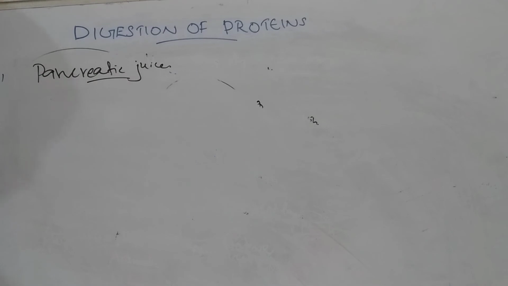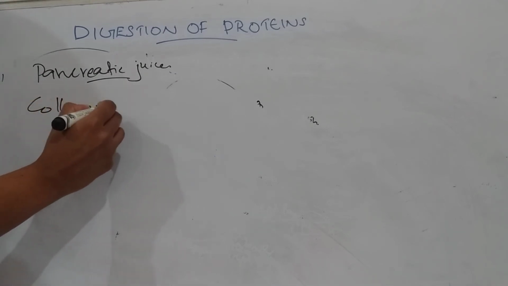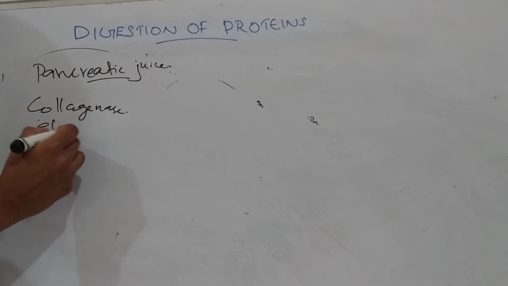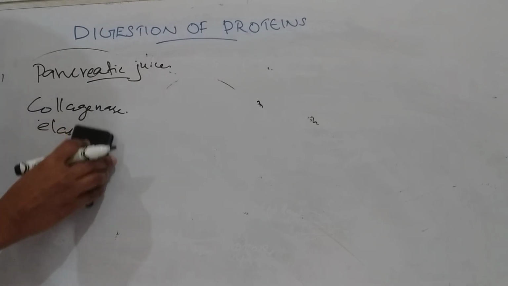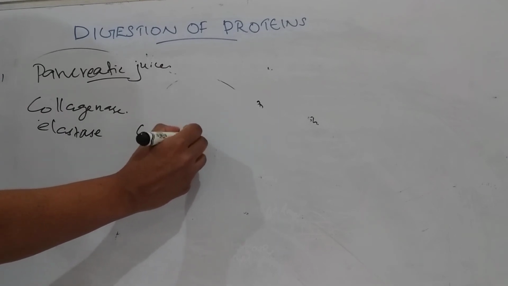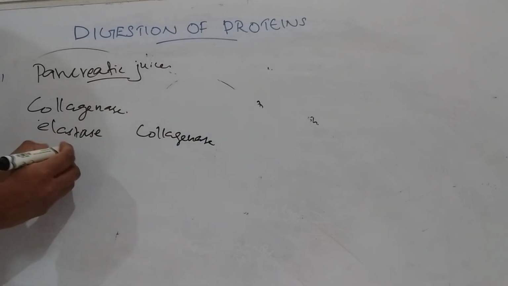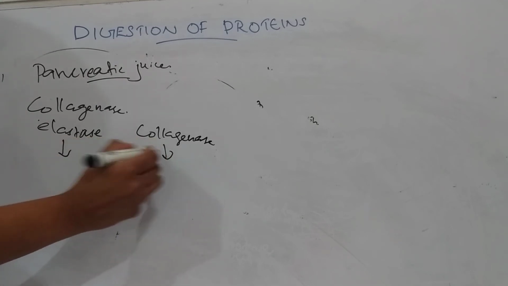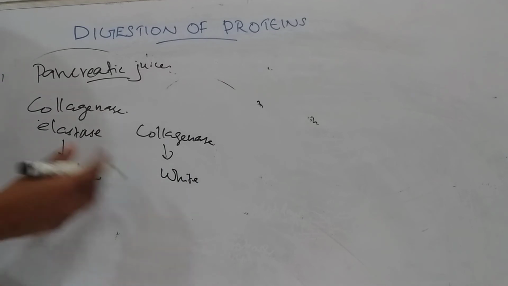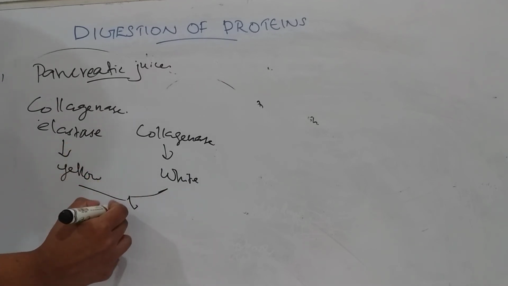Another enzyme is collagenase. This collagenase will act on the proteins present in collagen. Elastase and collagenase can digest yellow and white connective tissue fibers respectively to yield peptides.